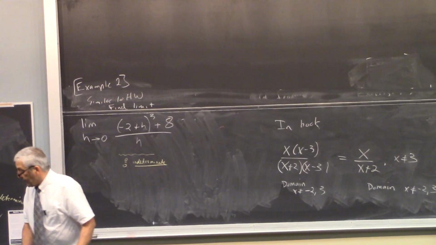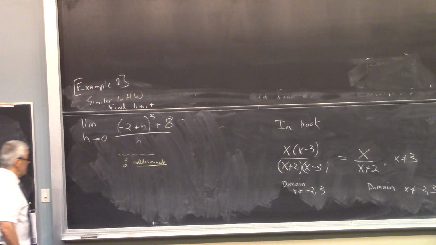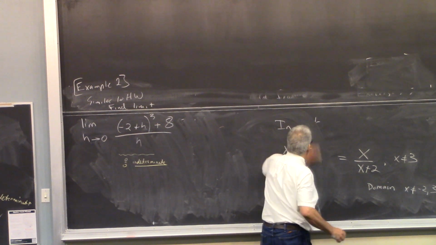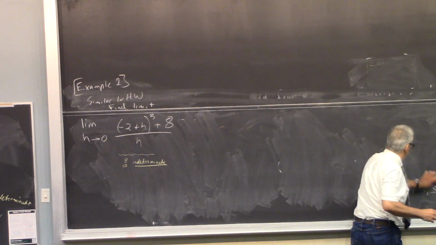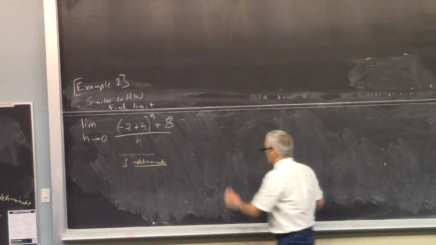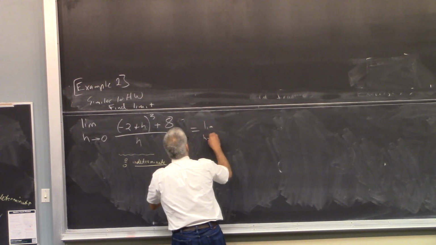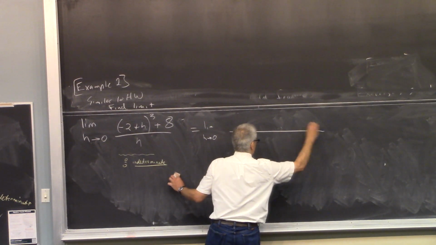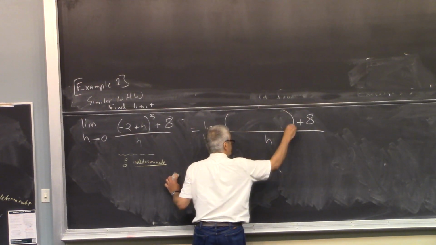Now, I think I didn't have enough coffee, so I'm going to write down this answer and then we're going to see if I got it right. I'm pretty sure this turns out to be the limit as h approaches 0, and I'll copy down all this stuff that doesn't change. But what goes in here?